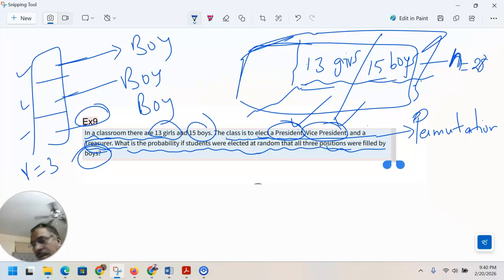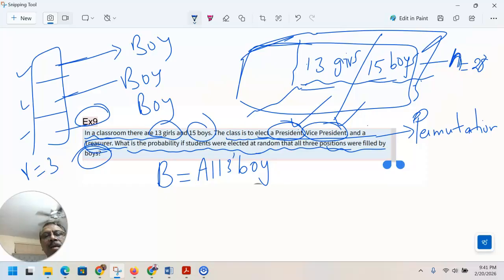Okay, so there are 28. So let me call the probability uppercase B. B stands for all boys, right? All three positions are filled by the boys.